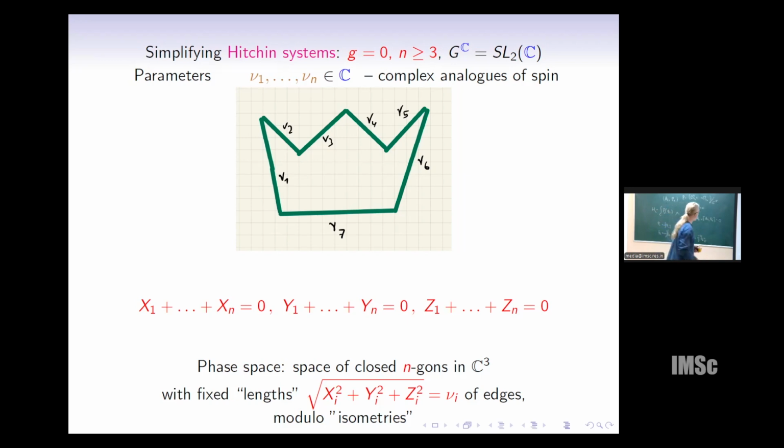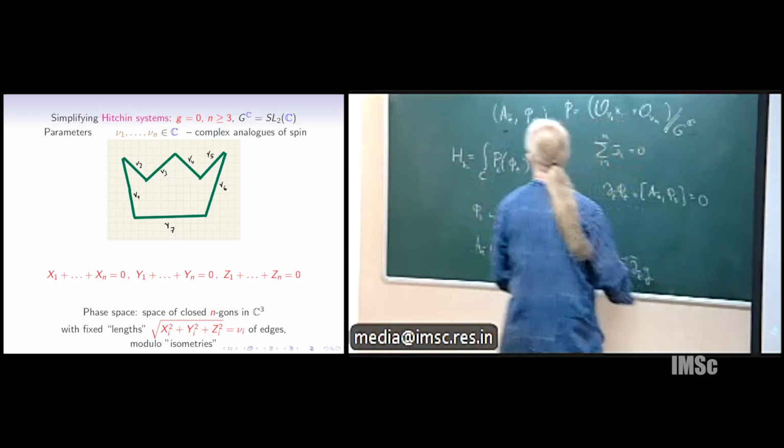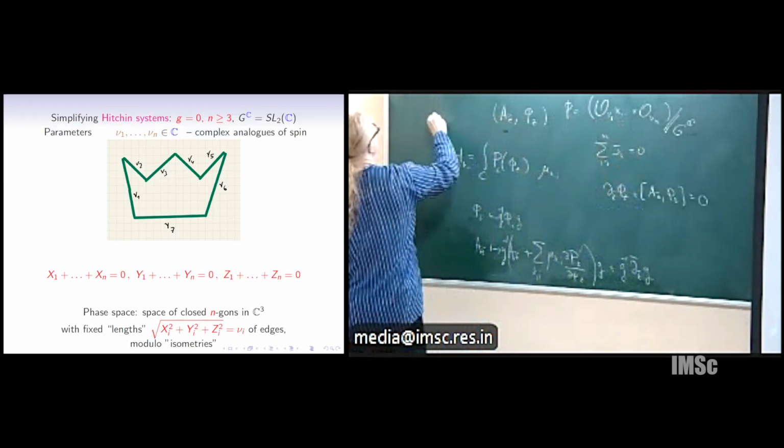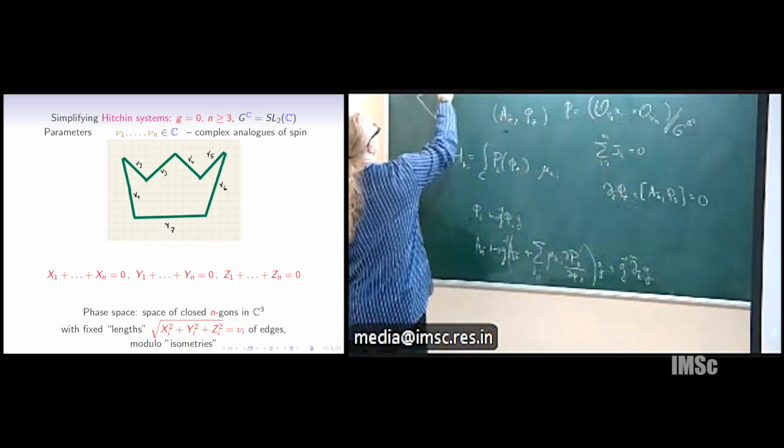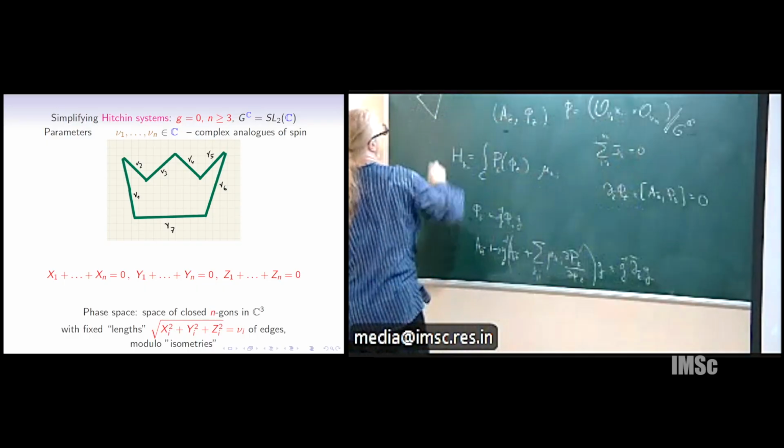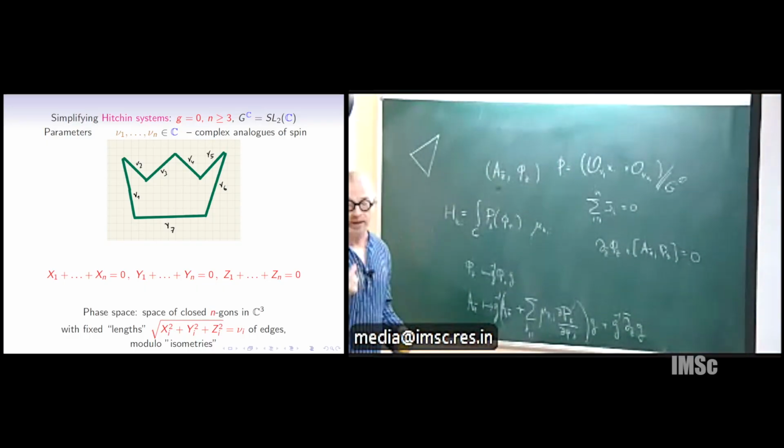So the simplest case would be if n equals 3. This is why I said that I need at least 3 punctures. Well, for 3 edges in real life, you need a triangle inequality. In complex life, you don't need any conditions. You can always form a triangle. It's rigid, so there are no invariants.